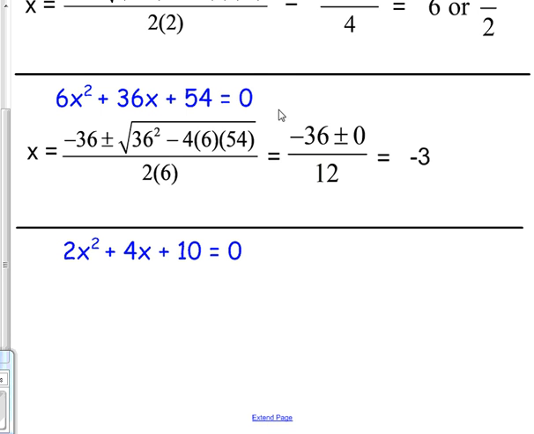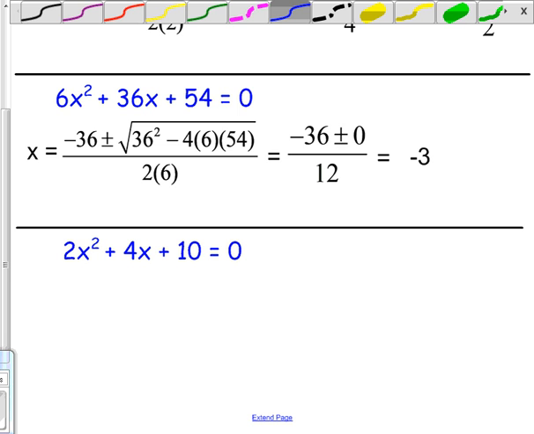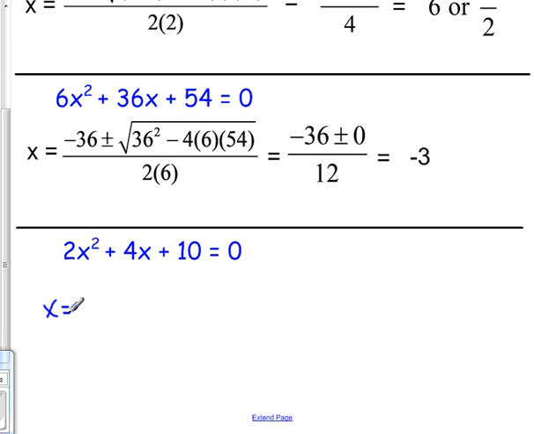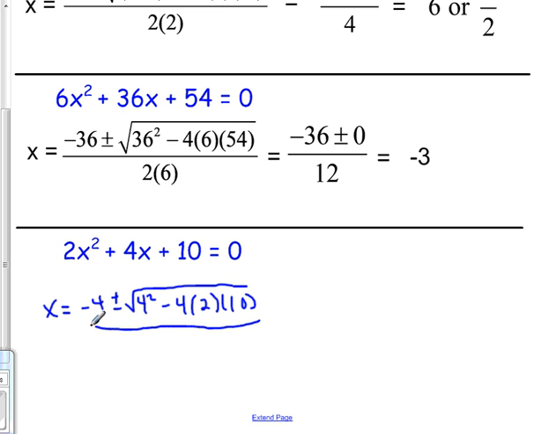Throughout the years, your teacher said you can't do the square root of a negative number. But let's see what happens when we use the quadratic formula here. We get x equals negative 4 plus or minus the square root of 4 squared minus 4 times a, which is 2, times c, which is 10, all over 2a, which is 2 times 2.